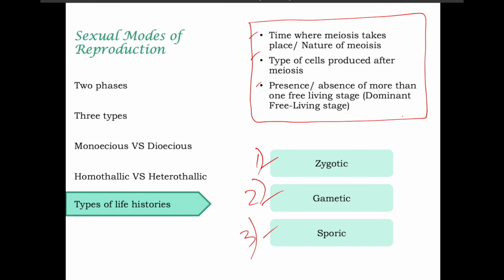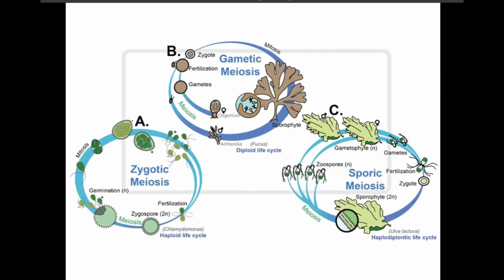So the first one is the time or where the meiosis takes place, or the nature of meiosis. The second one is the type of cell produced after meiosis. The third one is the presence or absence of more than one free living stage. Or for my case, what I call this is the dominant free living stage. Okay, so let's examine these three carefully on that lens. So these are the three.